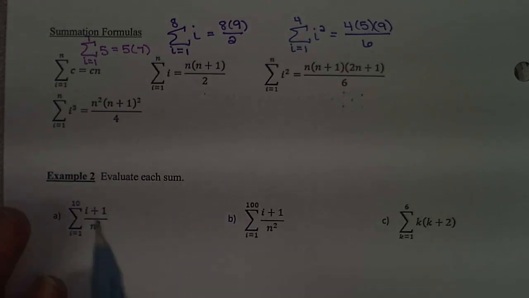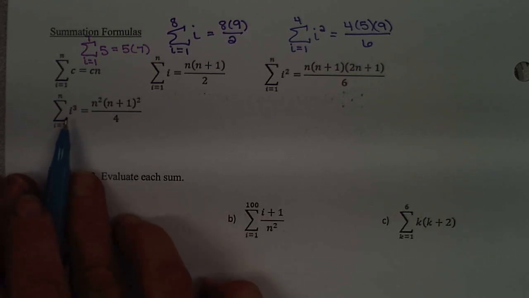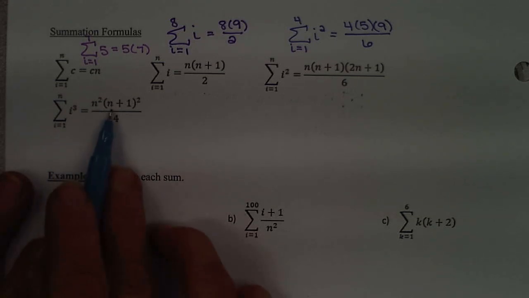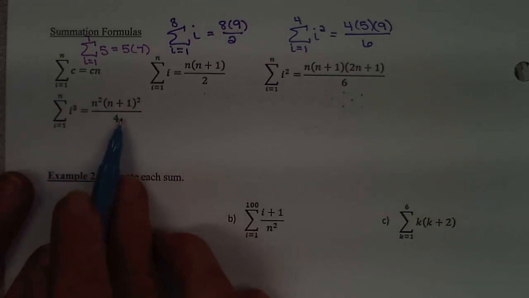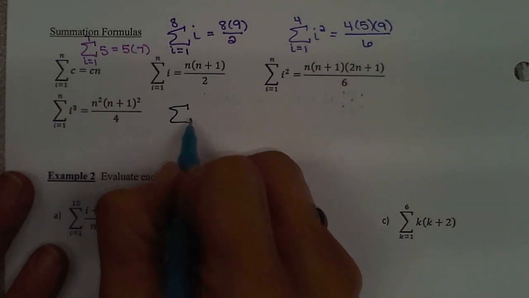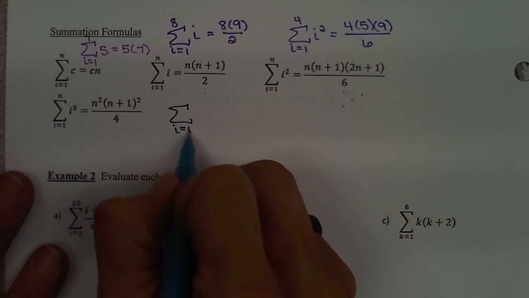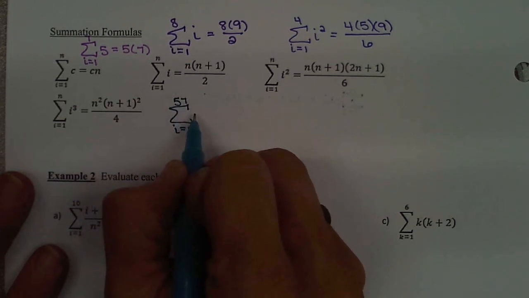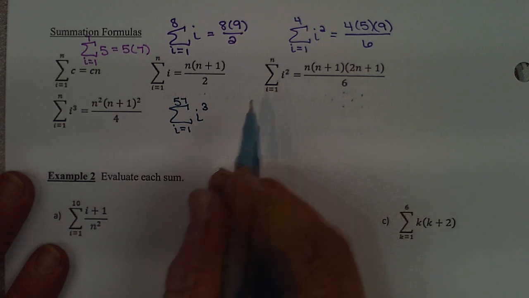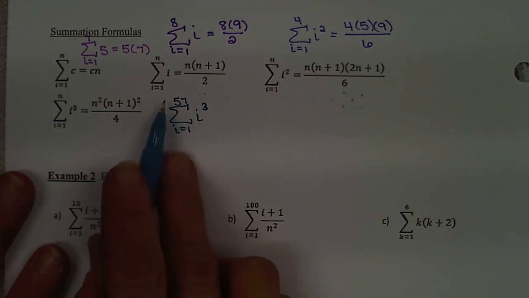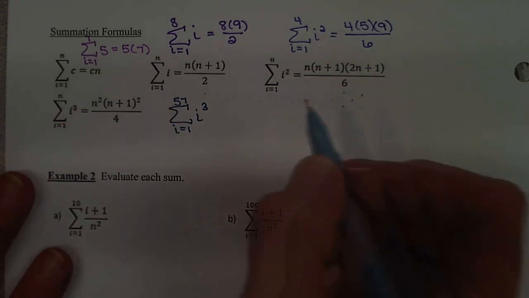And the last one we're going to look at is a cube. If you have the summation from i equals 1 to n of i cubed, it's the upper limit squared times 1 more than the upper limit squared, all divided by 4. An example for this one would be i equals 1, and we'll choose a big one this time, up to 57 of i cubed. That would be like 1 cubed plus 2 cubed plus 3 cubed, all the way up to 57 cubed.